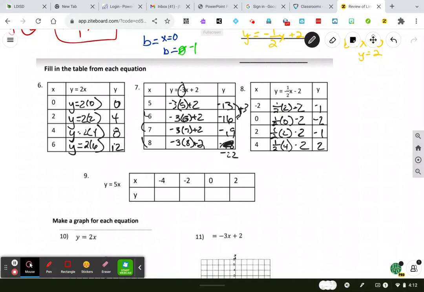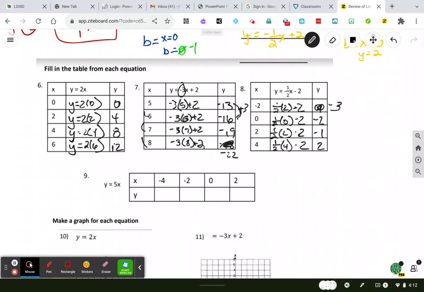If you look back up here where I did my first one, I forgot that this was a negative. This is negative 2. So half of negative 2 is going to be negative 1. Negative 1 minus 2 is going to be a negative 3. So negative 3, negative 2, negative 1, and then 0.